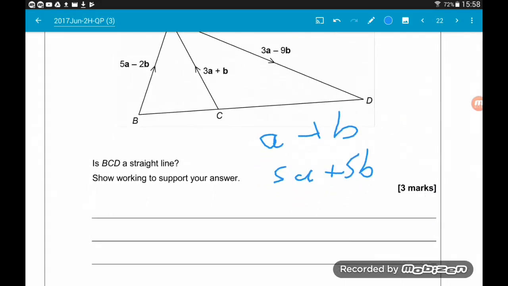These guys are parallel. I know this because I can write this second vector in the form 5 lots of A plus B. So that's a multiple of the first vector, A plus B. Therefore, those vectors are parallel. So we need to see if we get a similar situation for B to C and C to D.